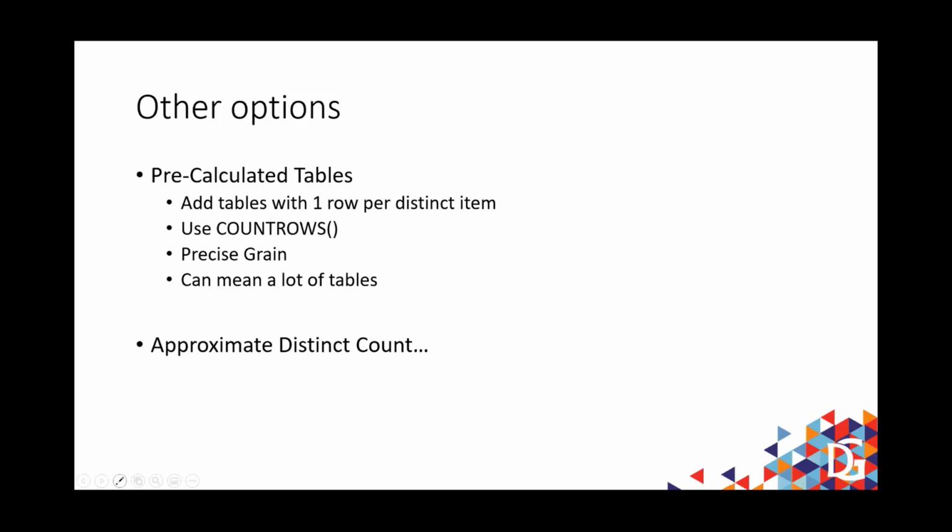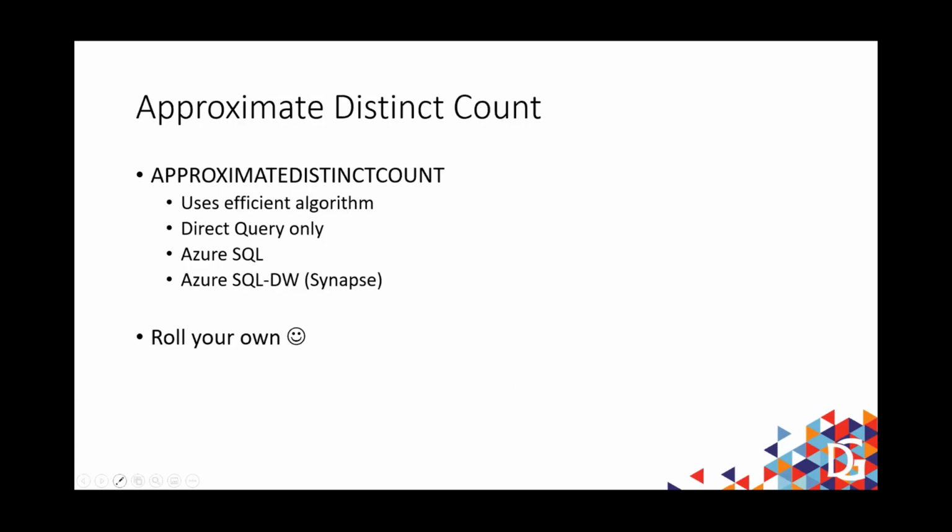And the other option is to use the approximate distinct count, which we touched on before. So let's have a look a little bit more at approximate distinct count. What you'll find is that most approximated distinct count type algorithms around, whatever the engine or database that you're working with, will use a variation on what we call HyperLogLog or HyperLogLog Plus.